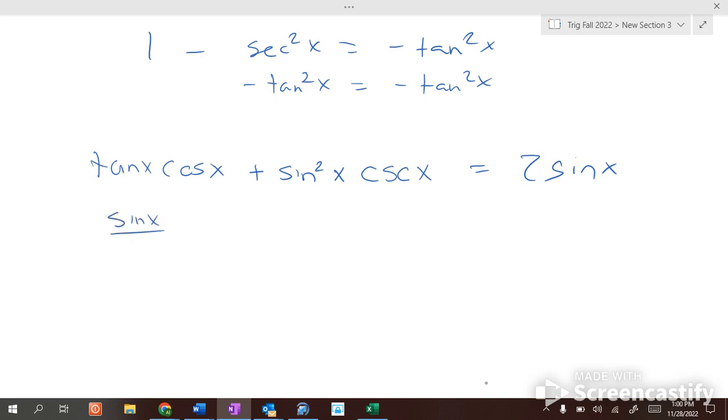Sine of x over cosine of x times cosine of x plus sine squared of x times 1 over sine of x equals 2 sine of x. That's a lot? Cancel the cosines, cancel the sines.